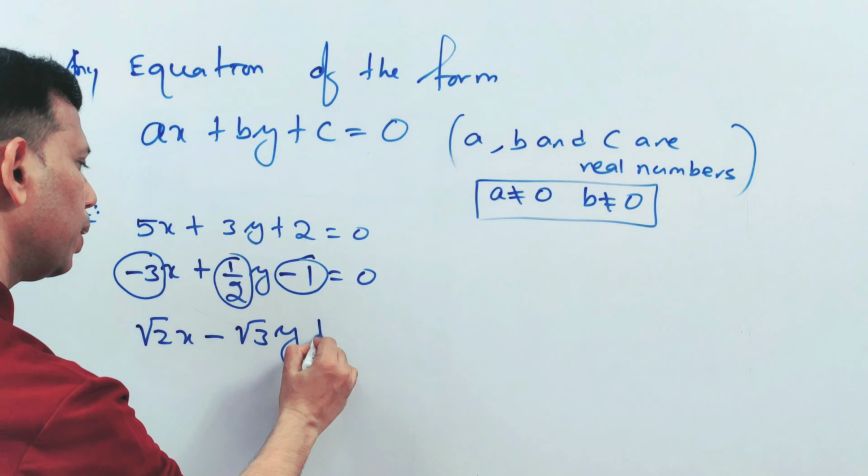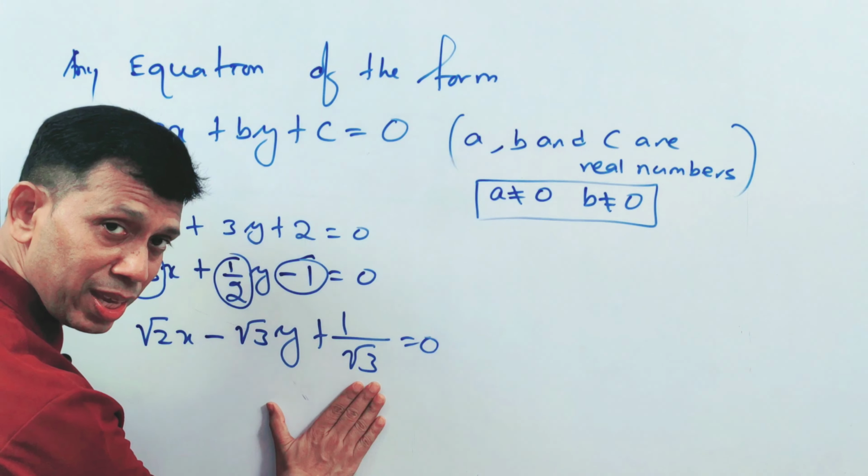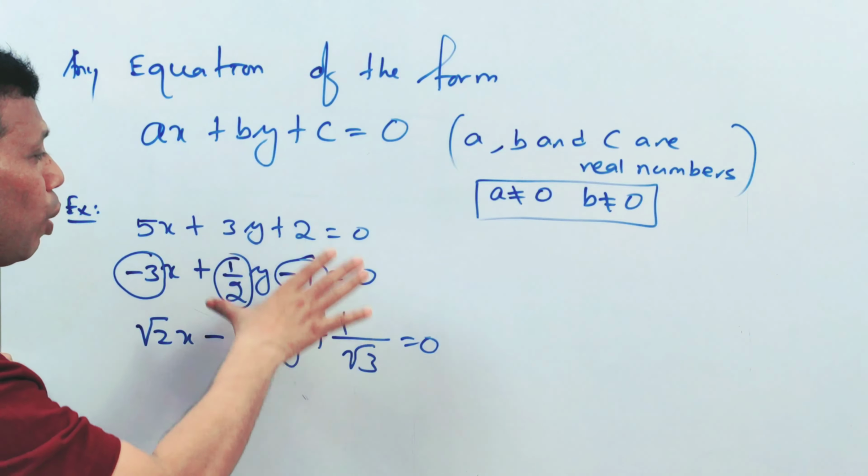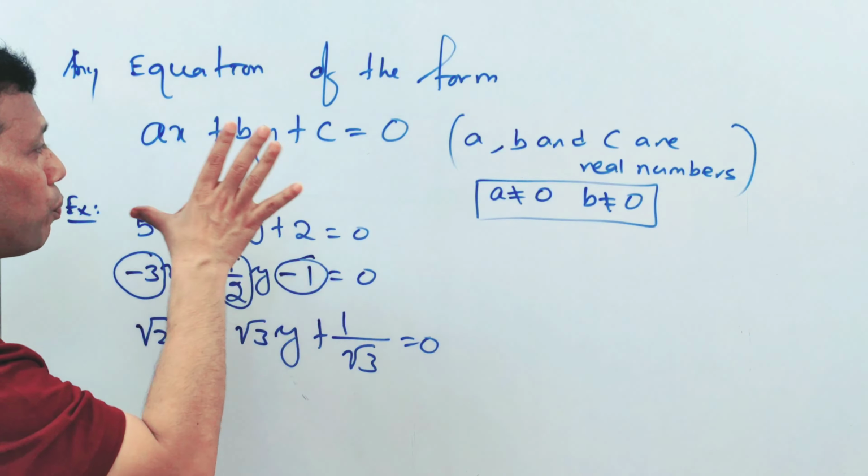So now the variables are x and y, two variables, and a, b and c are real numbers. So this is a linear equation in two variables. Few examples I have given, right?